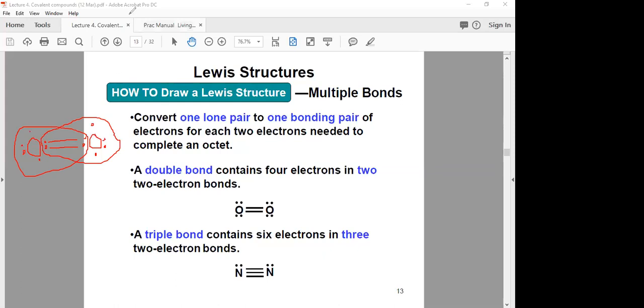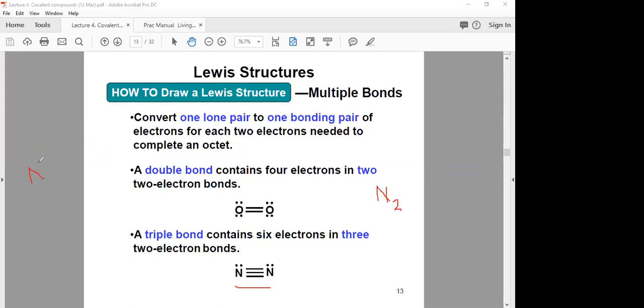Let's now do the same thing with nitrogen, diatomic nitrogen, molecular nitrogen, N2, or you might wish to call it atmospheric nitrogen. That's how it's normally found.